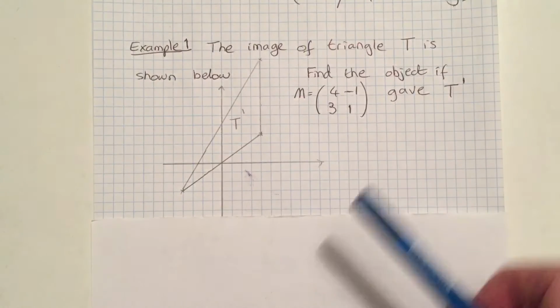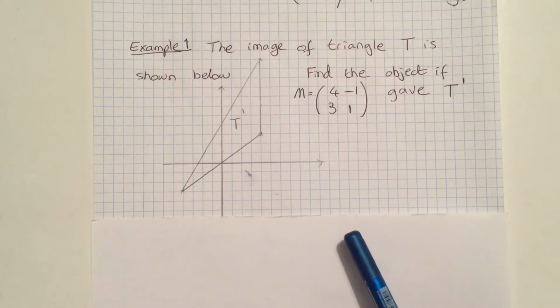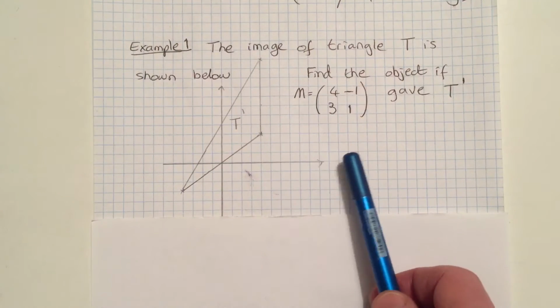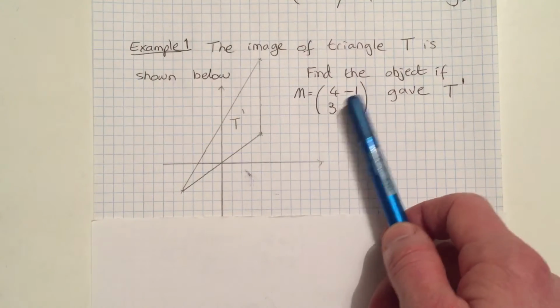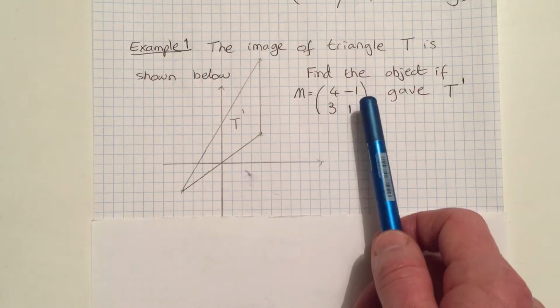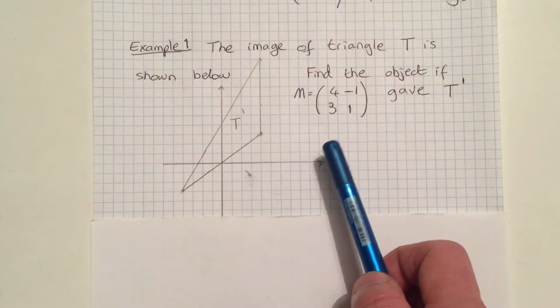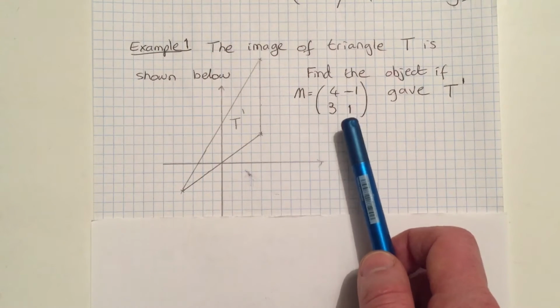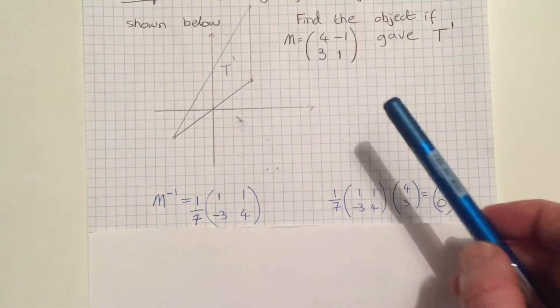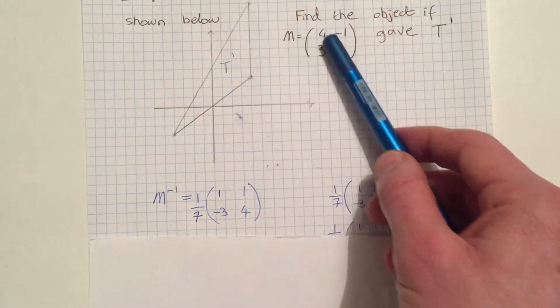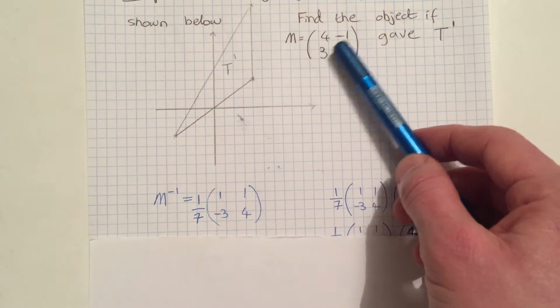So remember how we find the inverse matrix? We work out the determinant. The determinant in this case is 4 times 1 minus -1 times 3. So 4 plus 3 is 7. So the determinant of this matrix is 7. And then we flip the A and the D around and change the signs on the others.